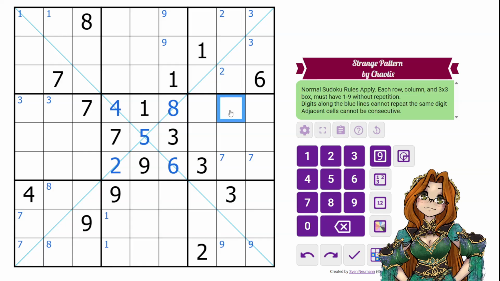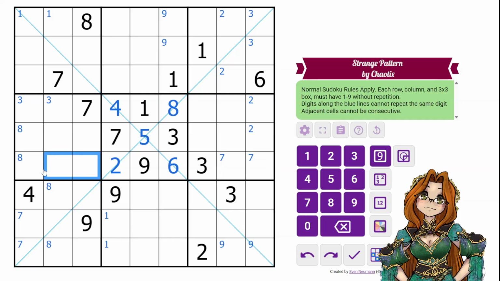Okay. So now we have 2 in this pair, 8 in this pair. But if we look at the rows here, so we already said 8 can't go in the same domino as a 7, it's consecutive.